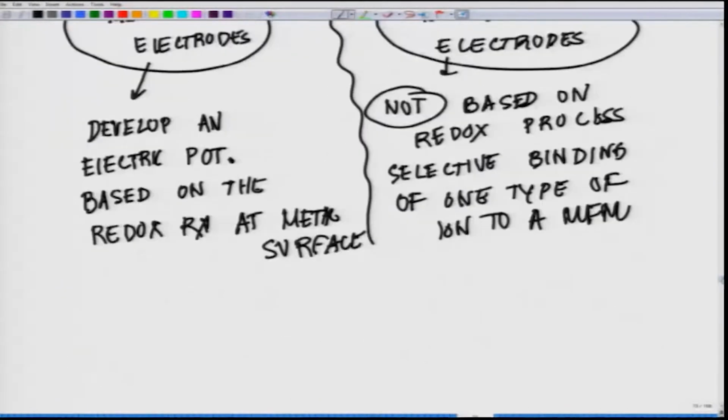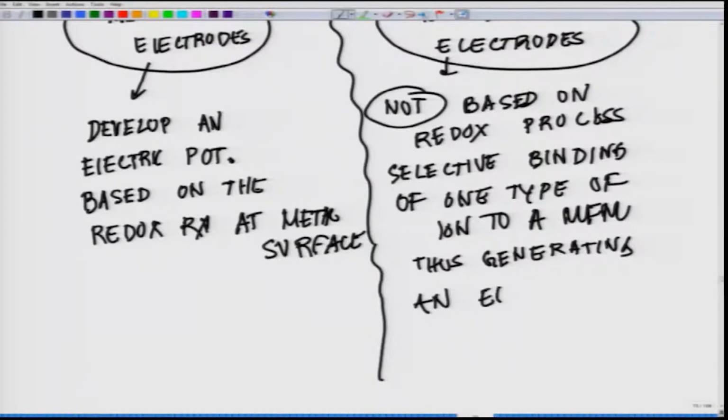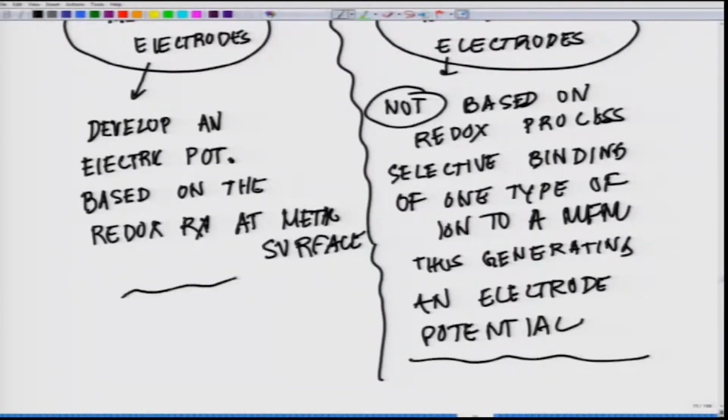Okay. Thus generating an electrode potential. Okay. So, one which is metal electrode is completely dependent on the redox reaction at the metal surface.